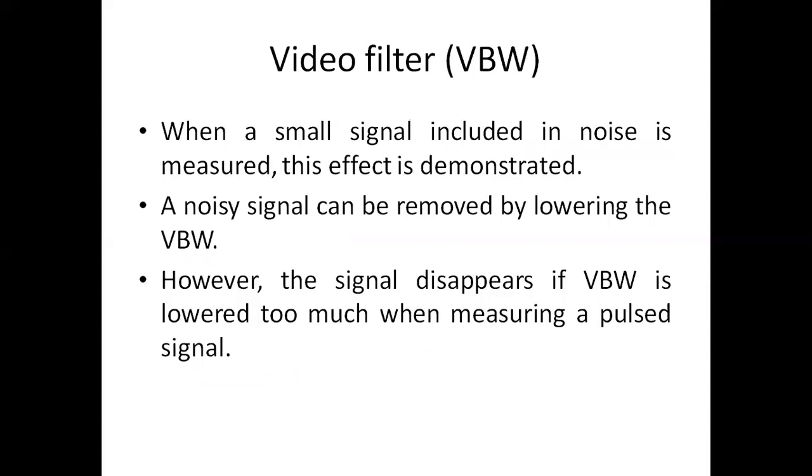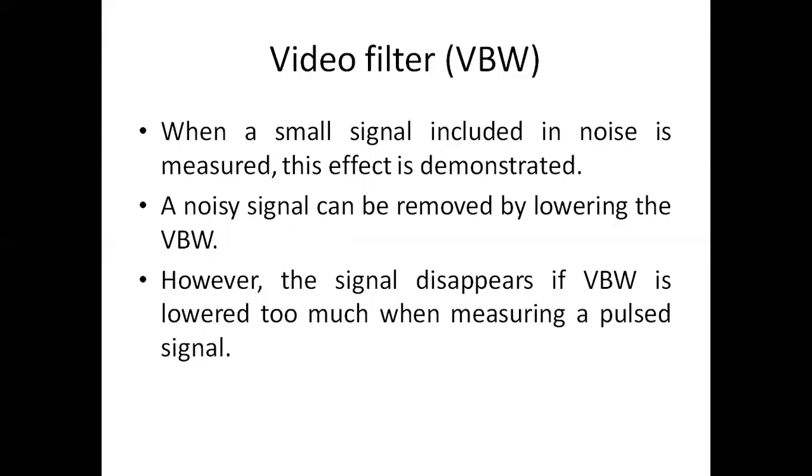So when a small signal included in noise is measured, this effect is used. Basically, it's a low-pass filter. It is used to extract the signal from a noisy environment. So it is used to remove the noisy signal by lowering the VBW.